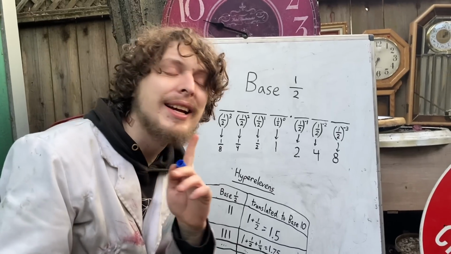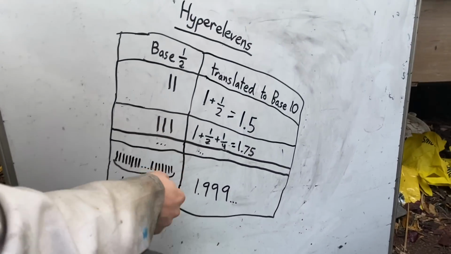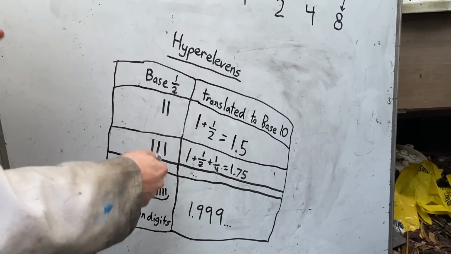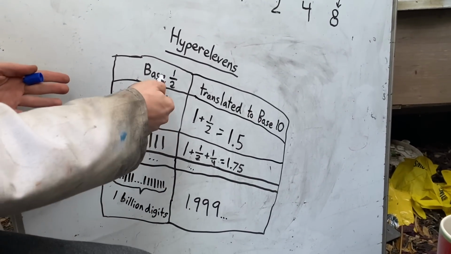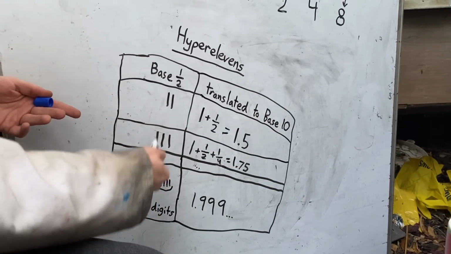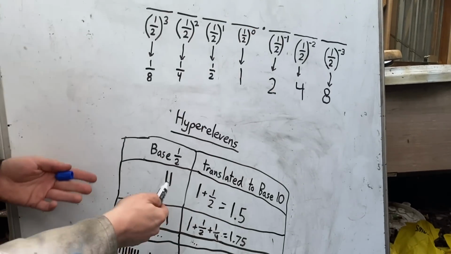Now, you know how I like hyper 11s, my nickname for numbers composed of just the digit 1 in some base? Well, the hyper 11s in base 1/2 are pretty interesting, meaning the numbers that base 1/2 writes with only the digit 1 and presumably only in front of the decimal point, nothing after a decimal point.